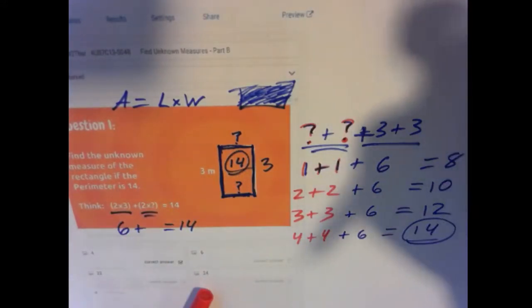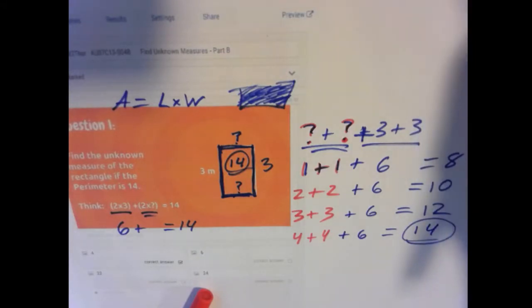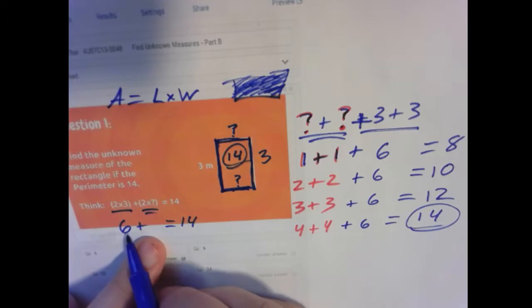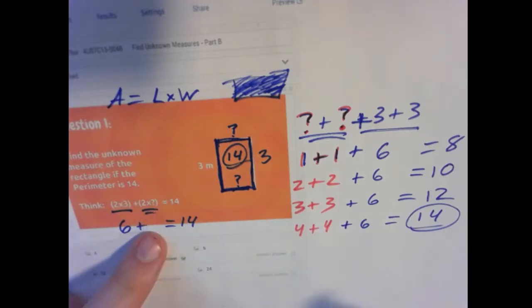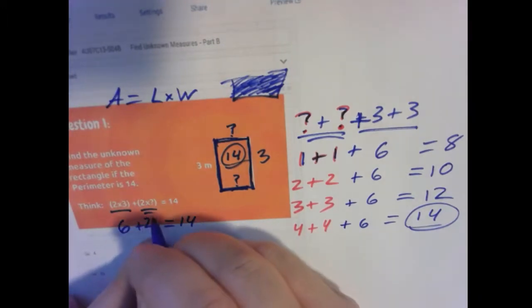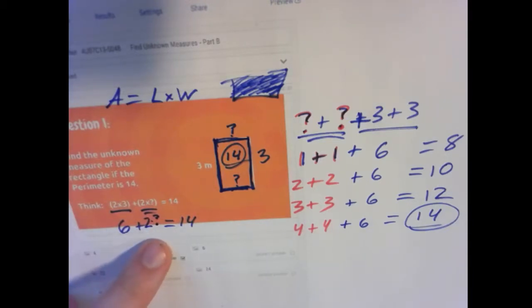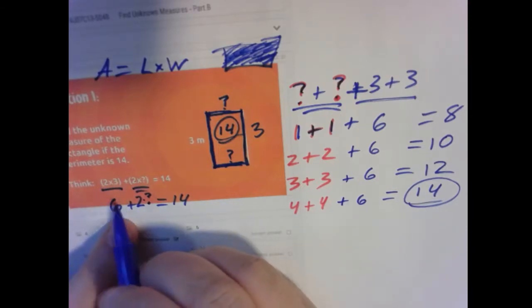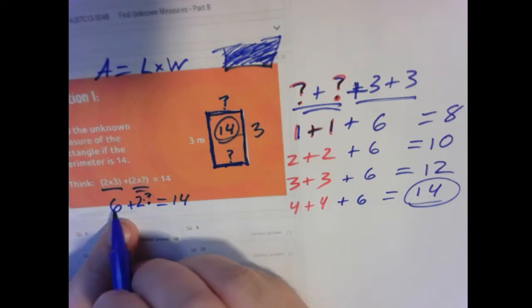Now with practice we're going to start to see how we could solve this, right? So if it's 6 plus 2 unknowns, 2 times an unknown, the way we could do this is take away this side that is known.